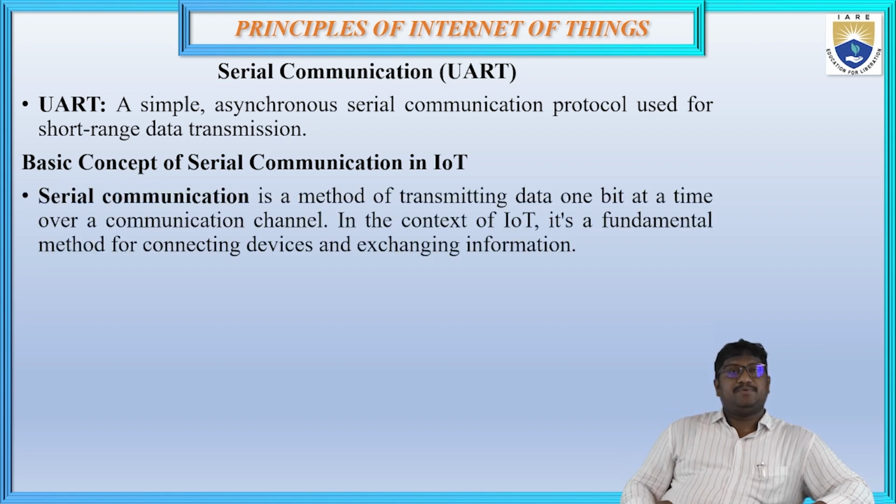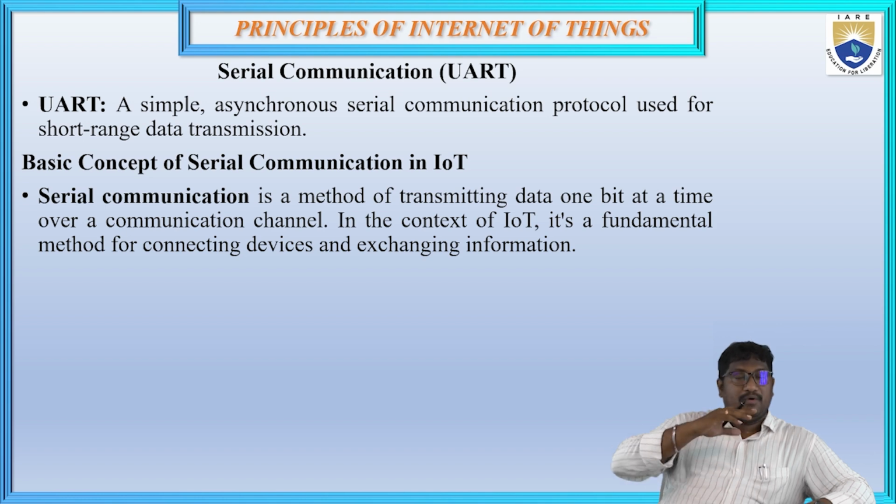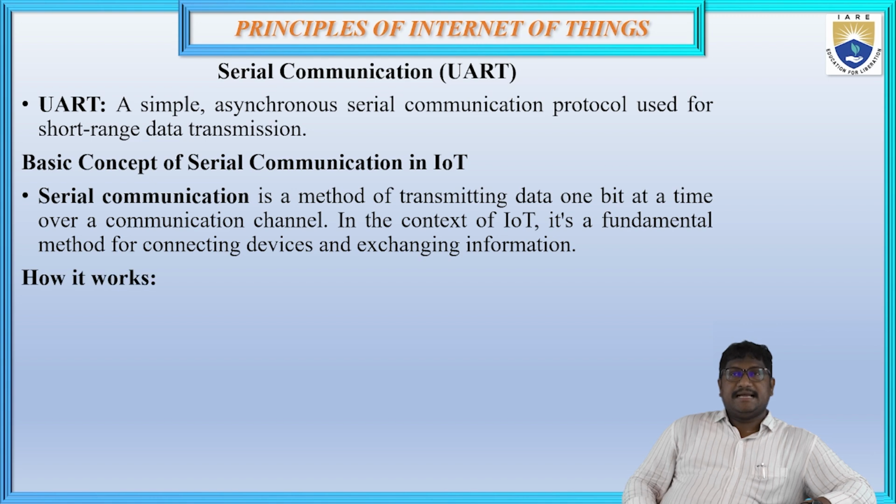The basic concept is serial communication, a method of transmitting data one bit at a time over a communication protocol. In the context of the Internet of Things, the basic fundamental method is that we need to connect devices for exchanging information. Got it, guys? One bit at a time. This is how serial communication functions.